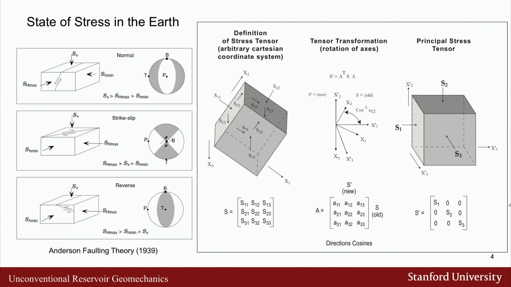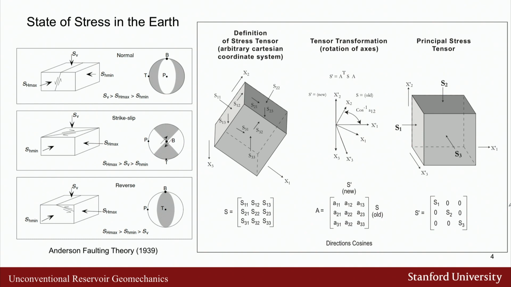We can talk about principal stresses and SH max and SH min and SV because in the Earth, it's almost always the case that one principal stress is vertical and two are horizontal. The reason for this is that a principal stress is defined in a coordinate system in which there are no shear tractions. The surface of the Earth is a free surface, rock in contact with air or rock in contact with water if you're offshore, and there's no traction, no shear on the surface of the Earth.